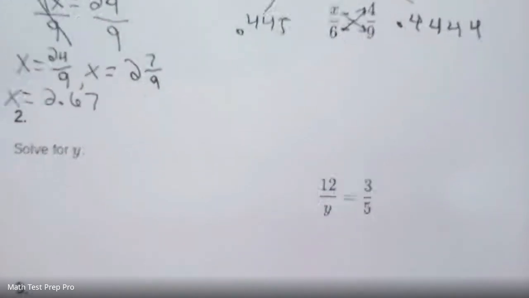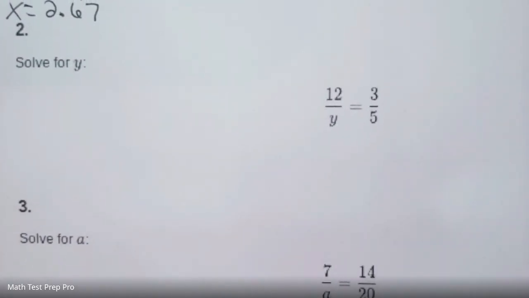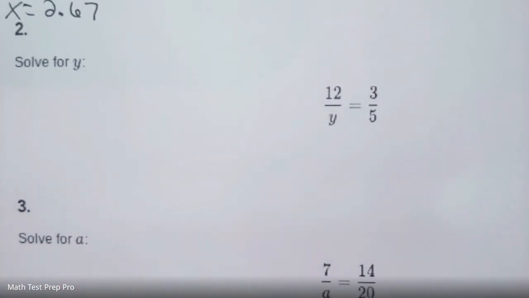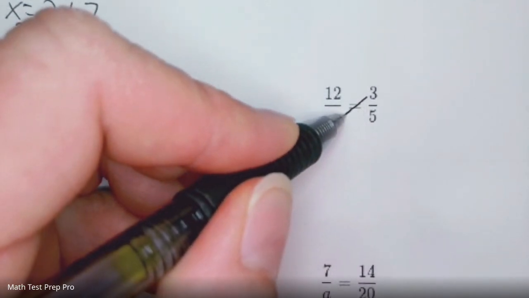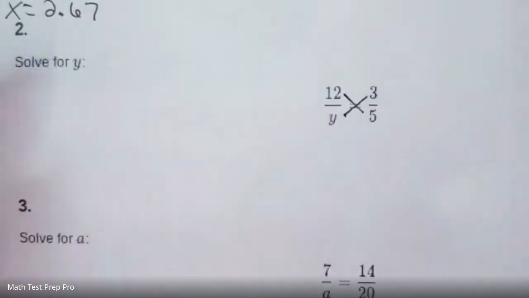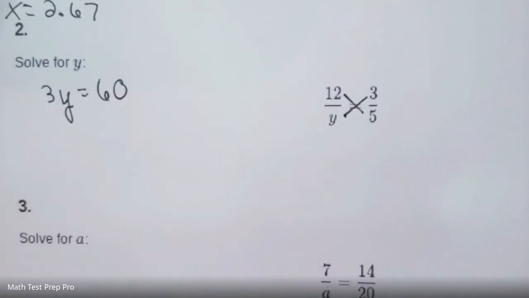All right, next one, number 2, solve for y. So what we have here is 12 over y equals 3 over 5. The same process. We're going to cross multiply this with this. And what you have is 3y, so 3 times y, equals 12 times 5, which is 60. So we have 3y equals 60.